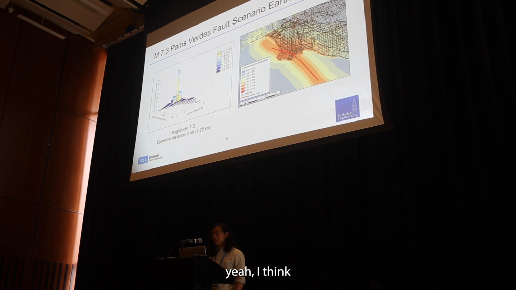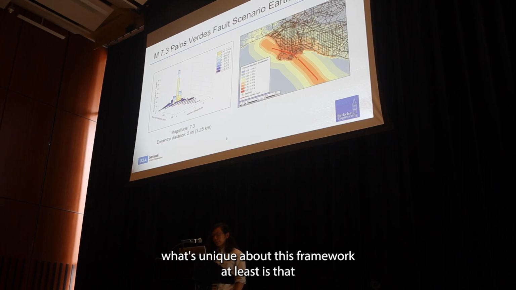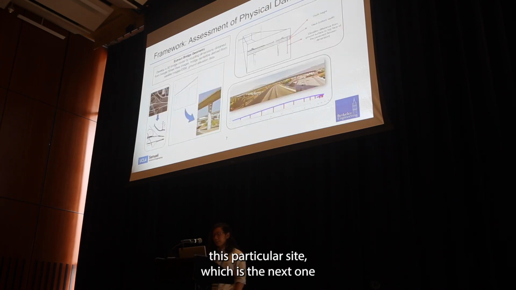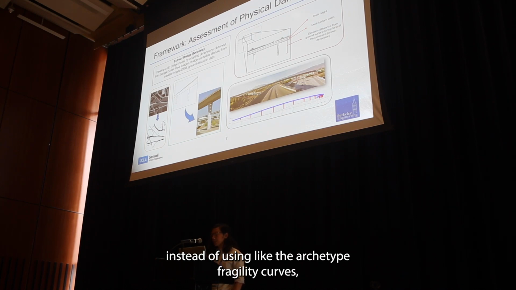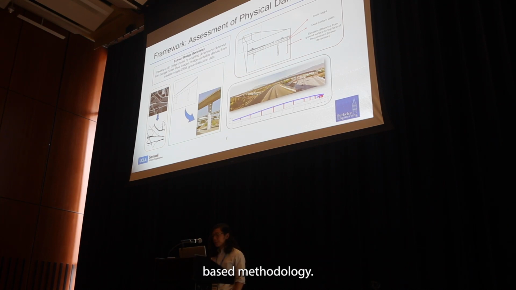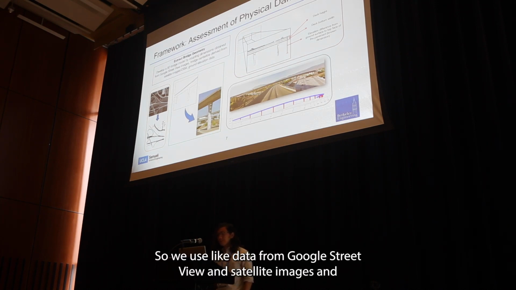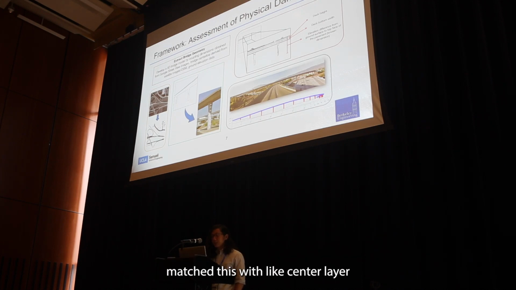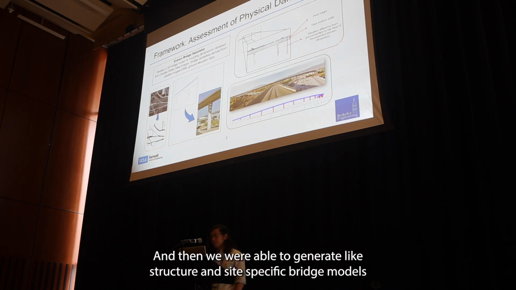What's unique about this framework, at least, is that for this particular site, instead of using archetype fragility curves, we went ahead and modeled all the bridges using an image-based methodology. We used data from Google Street View and satellite images and matched this with centerline data, and then we were able to generate structure- and site-specific bridge models for the area.